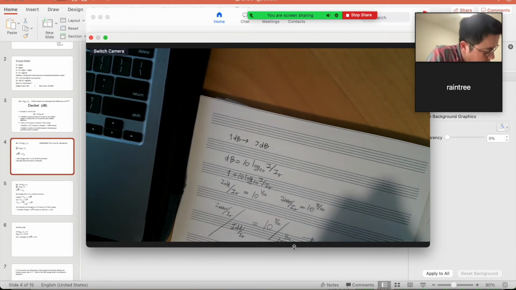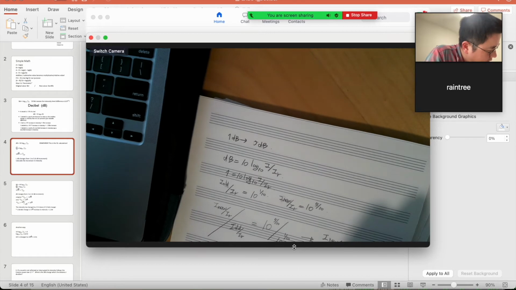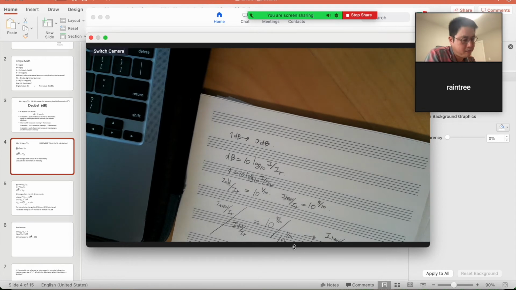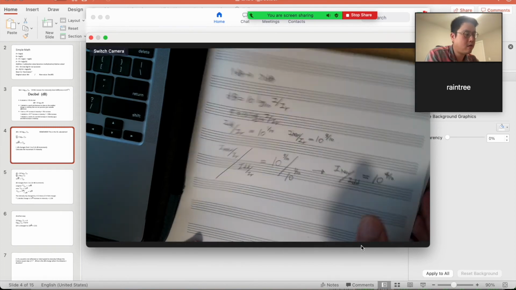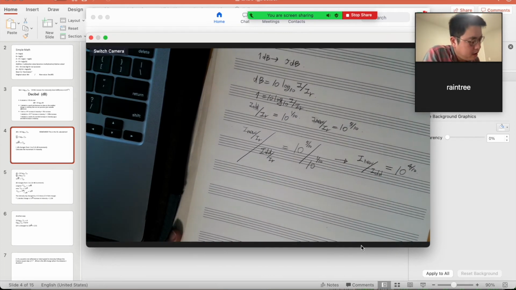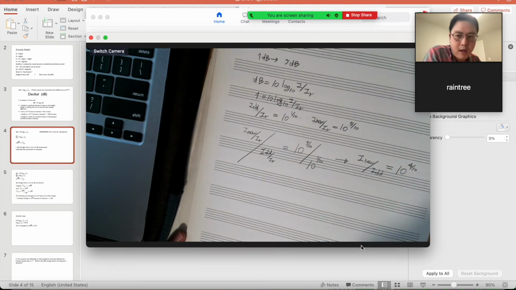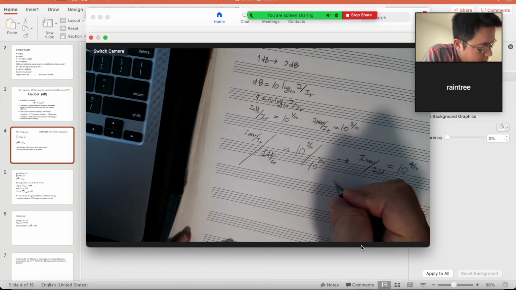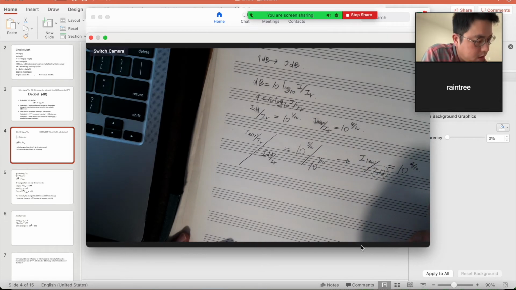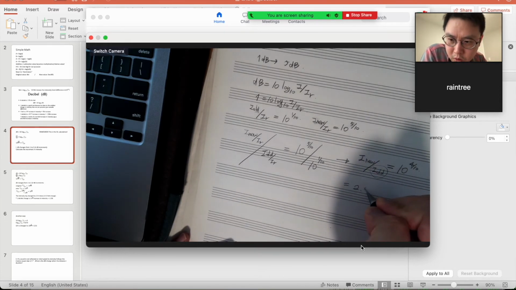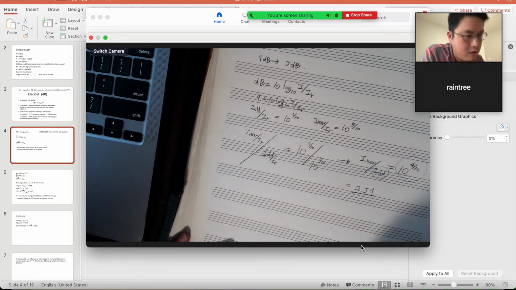So we can see our new sound intensity level compared with our old sound intensity level would be 10 to the 4 over 10, right? So this means our intensity level, compared with the old sound intensity level, becomes 2.51, which is the value of this one.